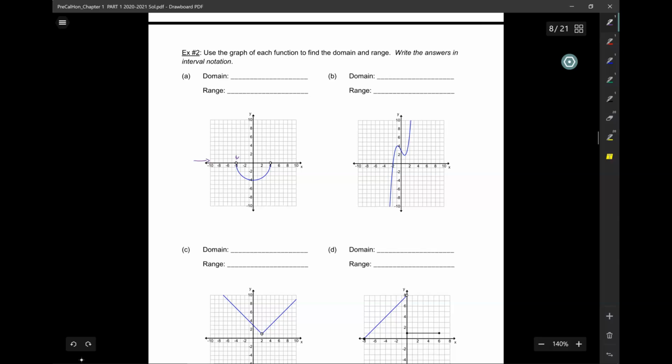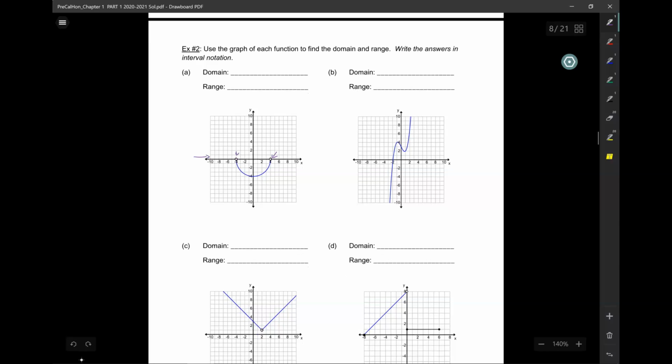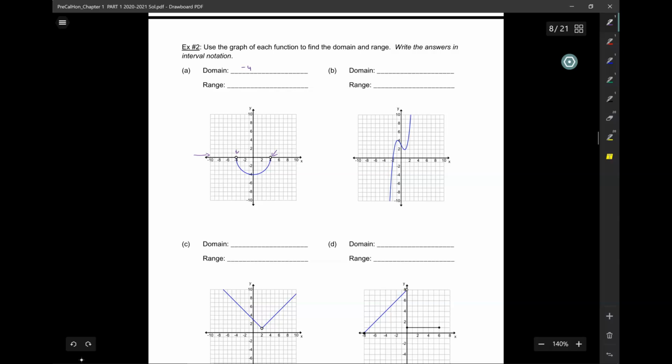Well, here at -4. And then I have a graph for all of the x values until +4. So I say my domain starts at -4 and ends at +4. So I'm going to say it goes from -4 to 4.